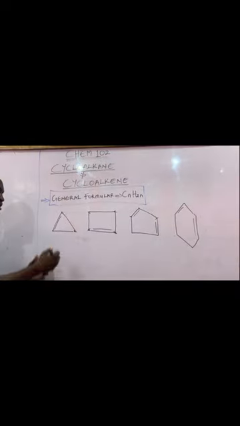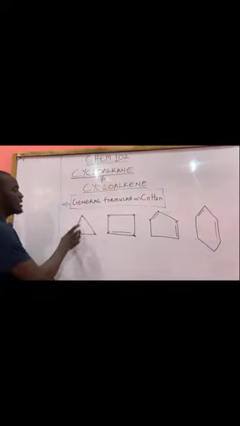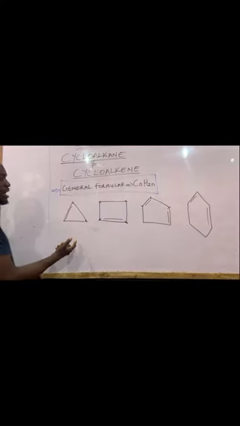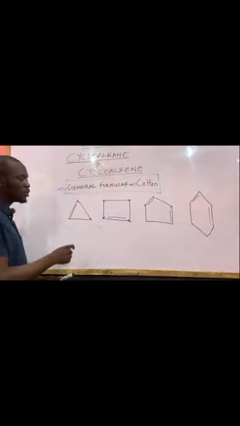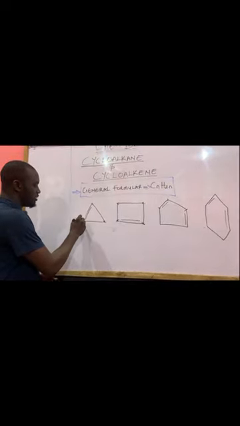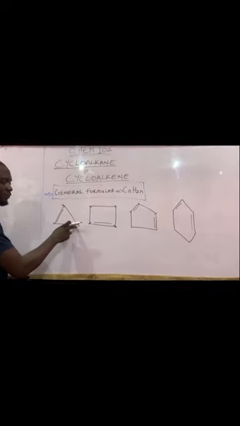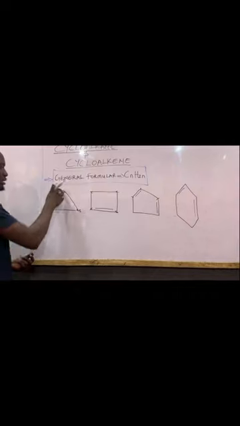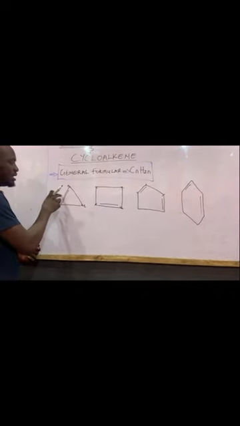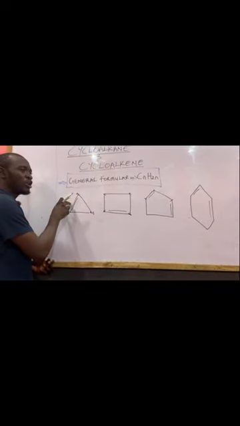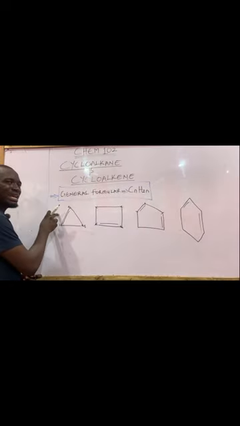Now let's take note of this. Here it is. How do we do our numbering to name this? We'll start from here. We have 1, 2, and 3. Can we start from here? Let's check. 1, 2, 3. You will find that the double bond, the functional group, will be receiving the highest number.